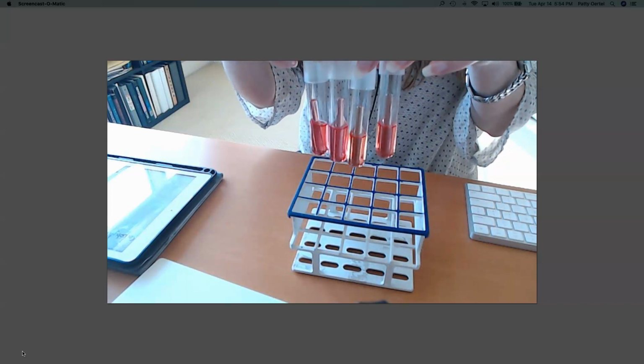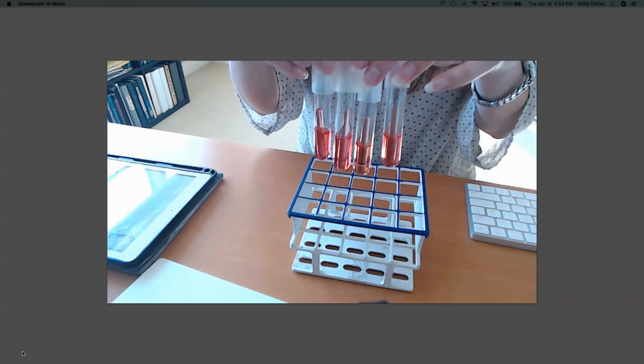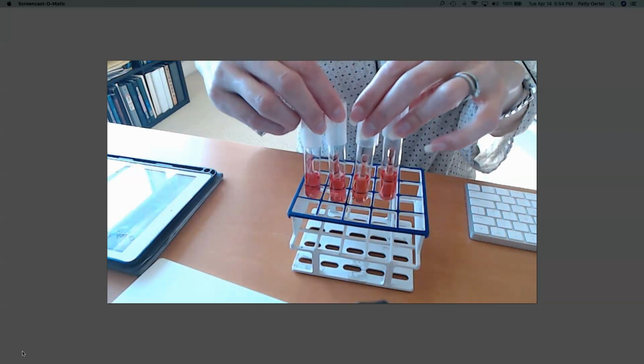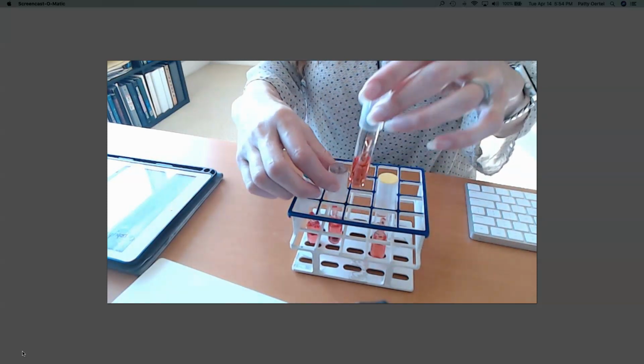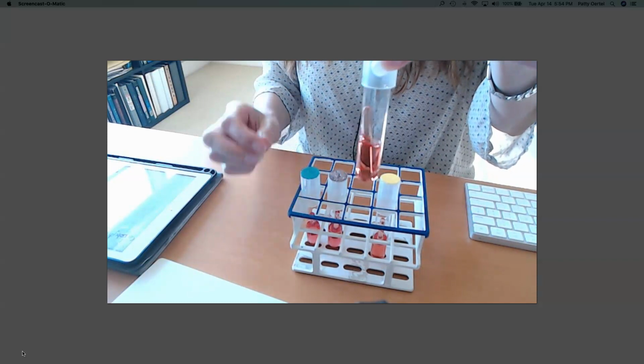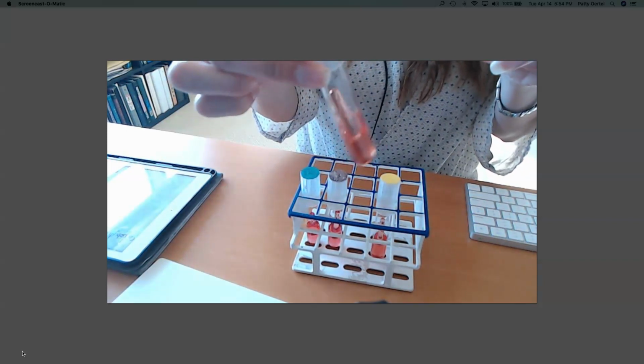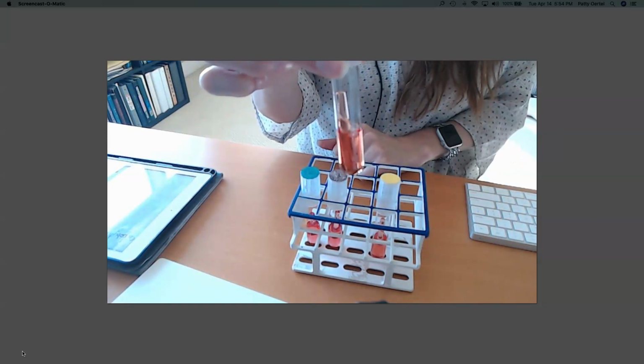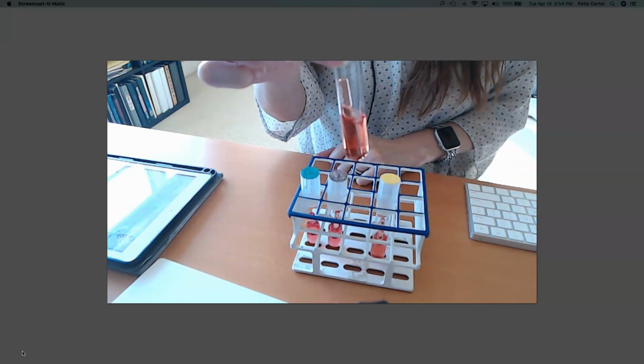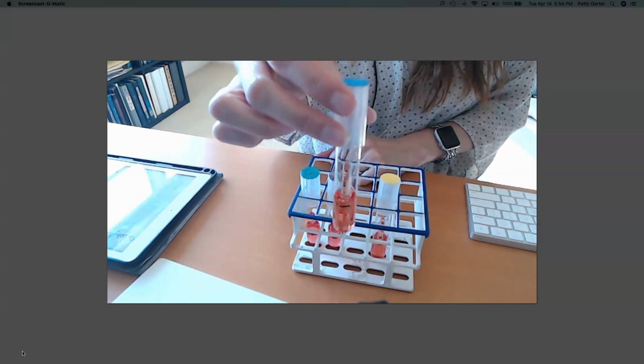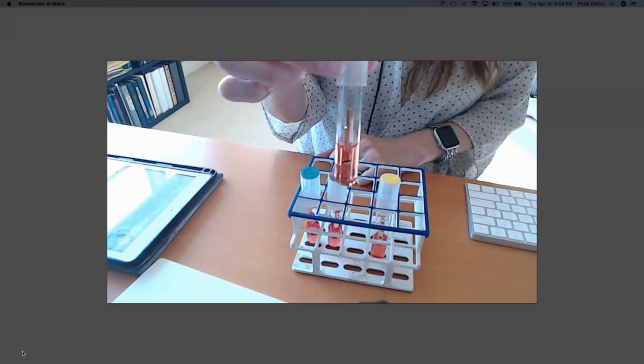Yes, the color is red. We're going to talk about why it's red. But there is something else that maybe you noticed. It is a little inverted glass test tube that is inside of my larger test tube.